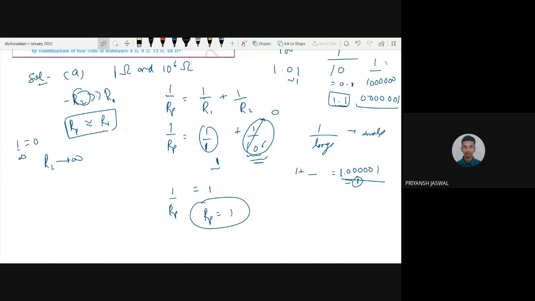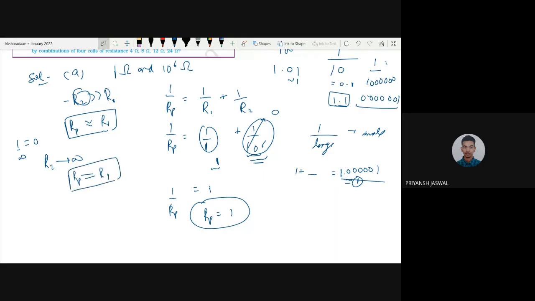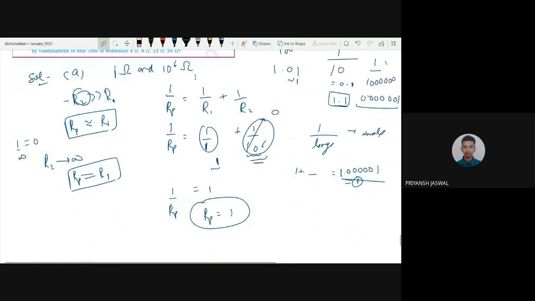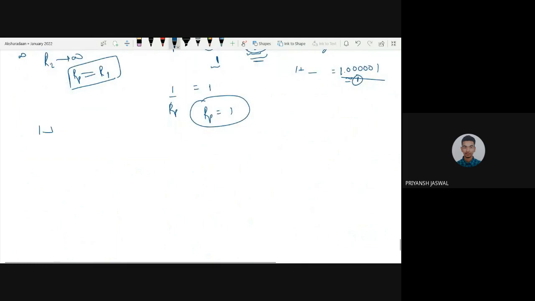So total resistance will become equal to R1, that is the smaller resistance. So in the first part, A part, we judge that for the parallel combination of 1 ohm and 10 to power 6 ohm, our net becomes 1 ohm.